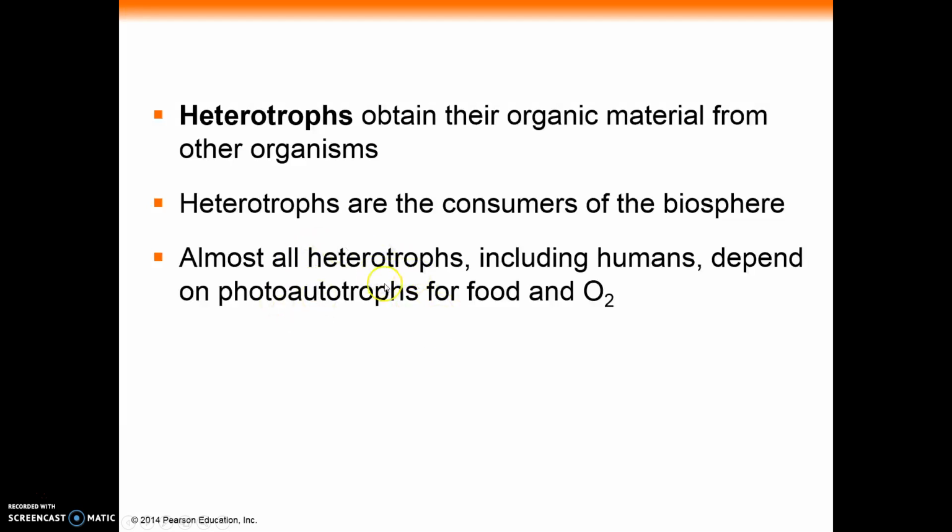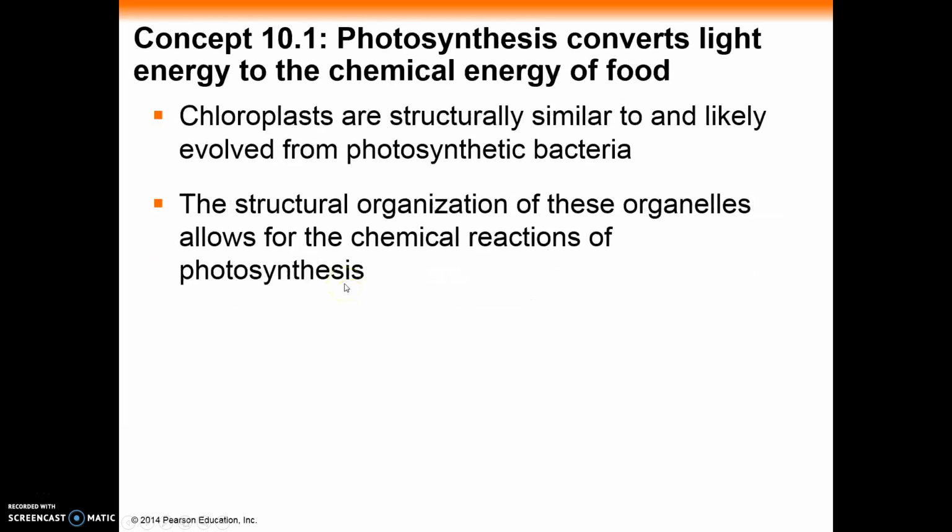The photoautotrophs are the foundation of the food web. All right, so chloroplasts are the structures within plants where photosynthesis takes place. They are structurally very similar to photosynthetic bacteria. They look like them, they have genes like them, and the structural organization allows photosynthesis to be carried out.